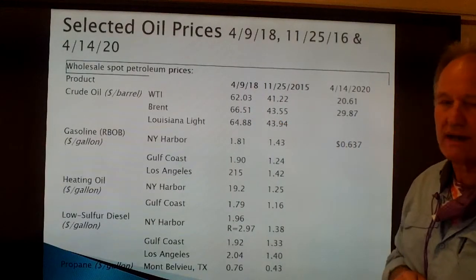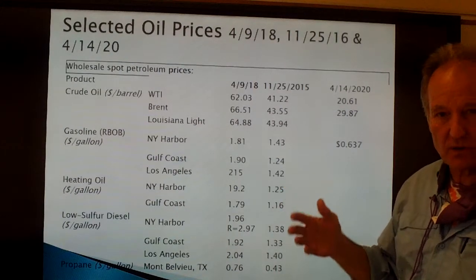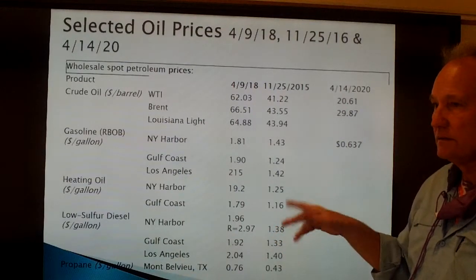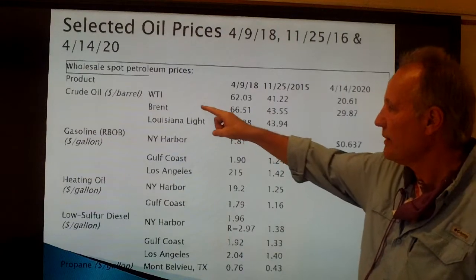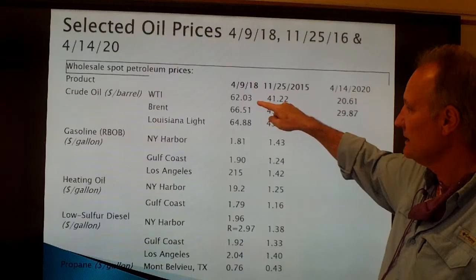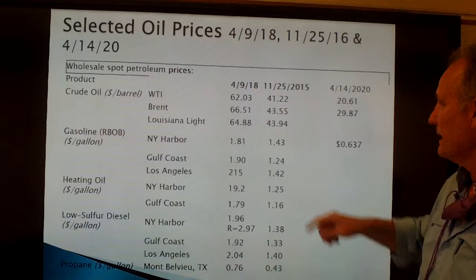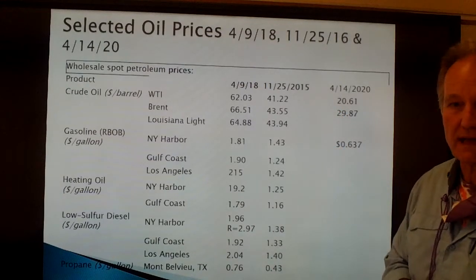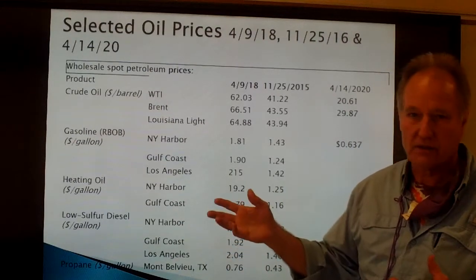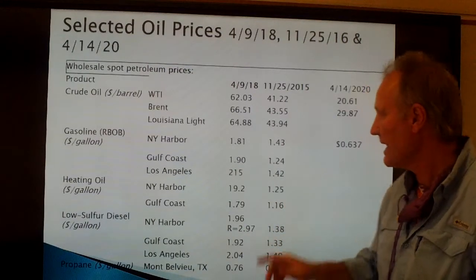Okay, so if we look at selected prices of crude oil, if we're going to run either our cars or natural gas or power plants, the crude oil back in April of 2018 was selling at $62 a barrel. Okay, in 2015 it was $41 a barrel. Well, there was just a big row between Saudi Arabia and Russia, and with the COVID crash, the demand for oil has gone down.